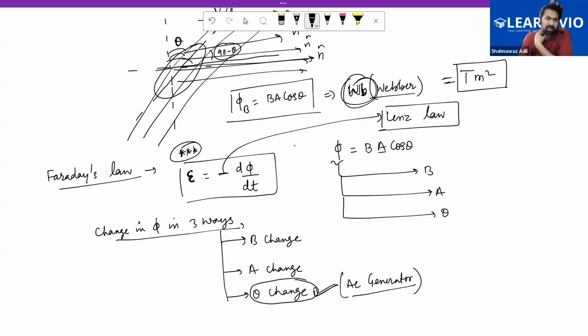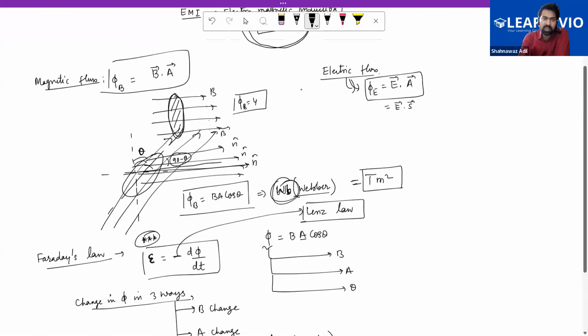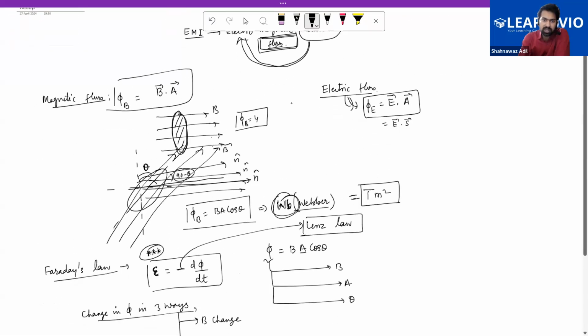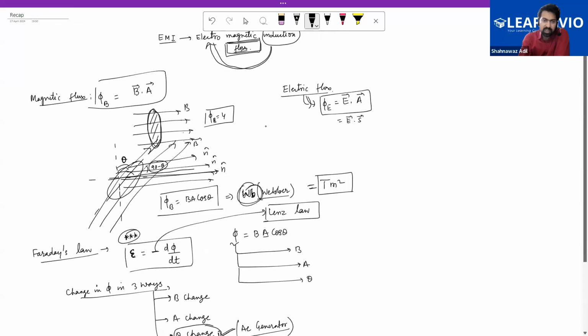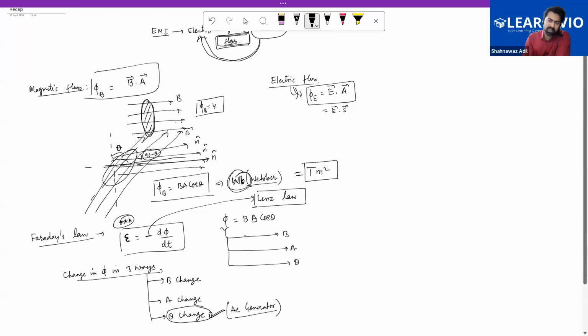Then we will talk about mutual inductance and self-inductance in the next class. Then this EMI chapter would be over, and then we will talk about the AC chapter. Just quickly note down these, and then we'll stop.